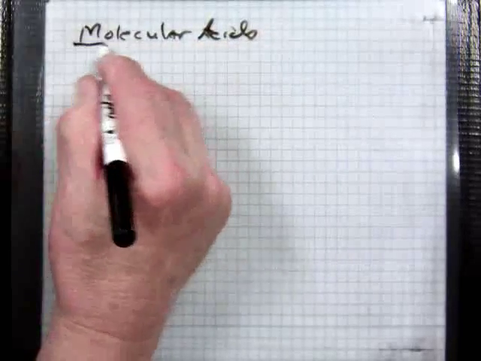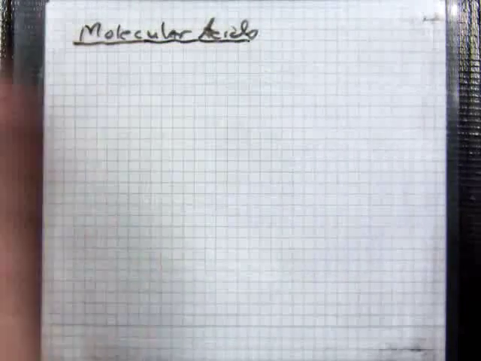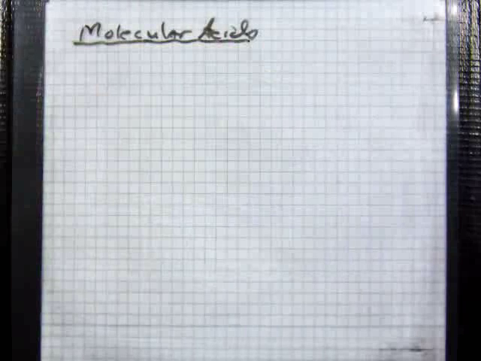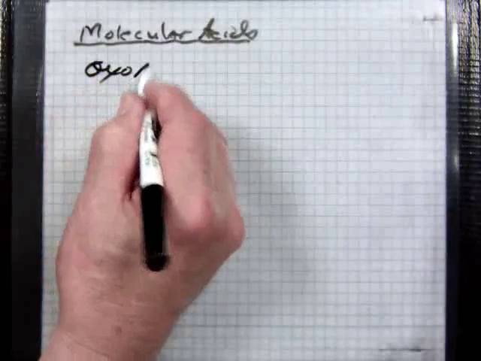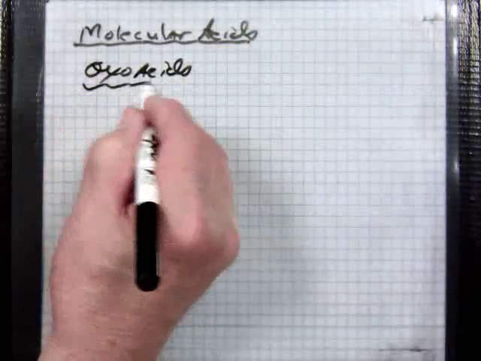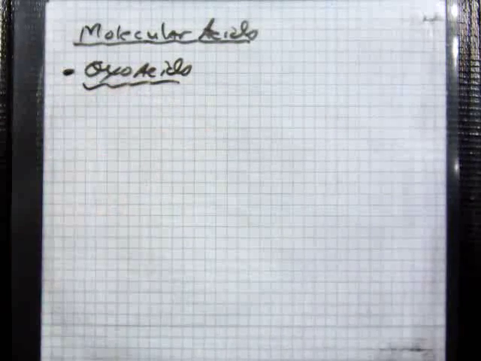Now, there is a collection of molecular acids identified by what we call oxoacids. These are simply acids which are made from polyions containing oxygen.